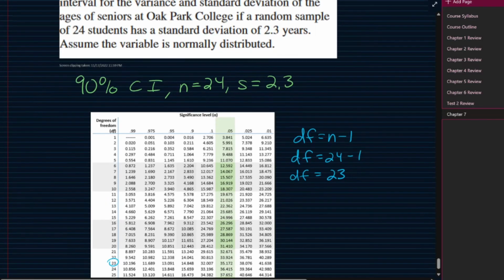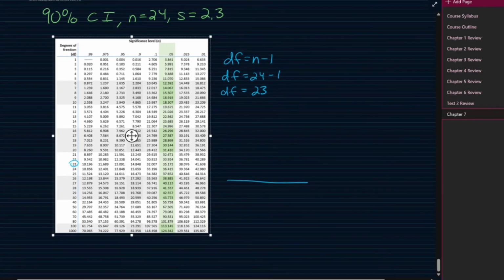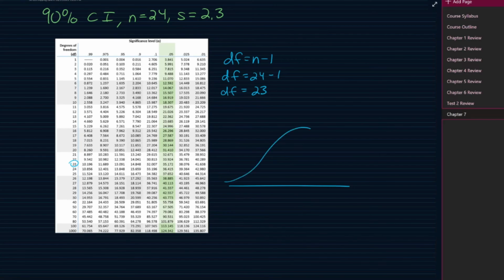Let me draw a picture here. So the inside will represent 90% of the sample means, essentially. And so we would have 10% left to divvy up amongst each tail.